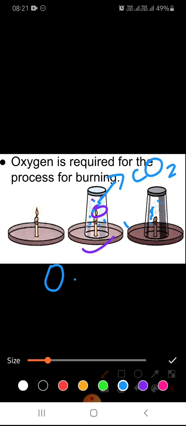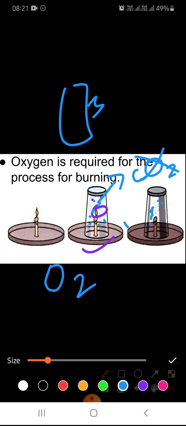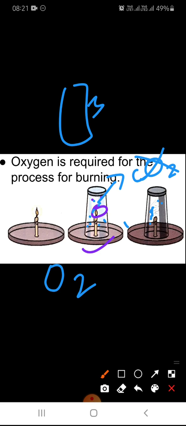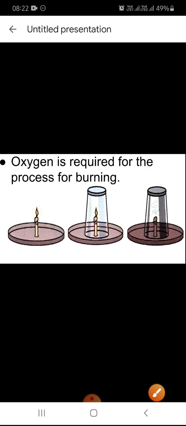Only oxygen supports burning. That's why in the fire extinguisher tank that you must have seen, carbon dioxide is used. It cuts the source of oxygen.